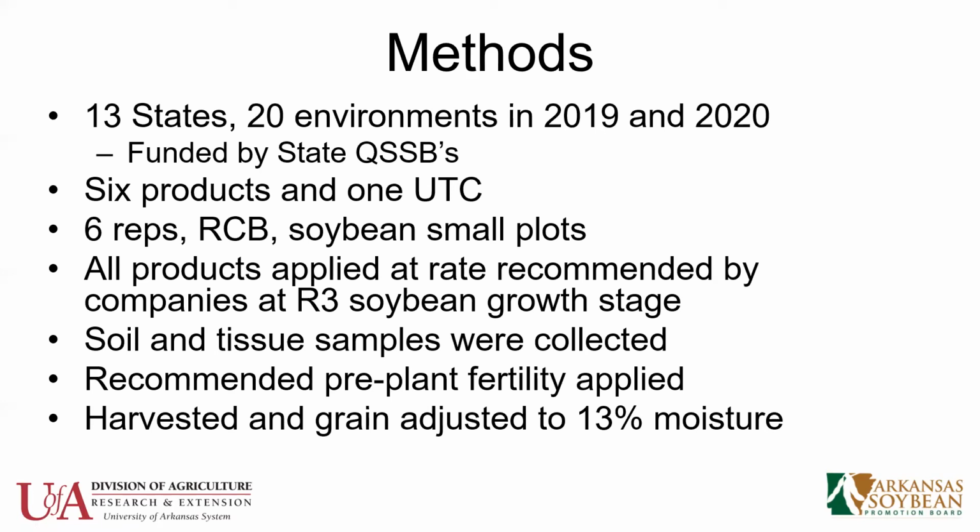Each product was applied at the recommended rate provided by each company, and all products were applied at the R3 soybean growth stage. Soil samples were collected from each plot, and tissue samples were taken twice, prior to application and 2 weeks after application. Recommended fertility was applied according to soil test results and university recommendations for each state. Plots were harvested at maturity and yields were adjusted to 13% moisture.